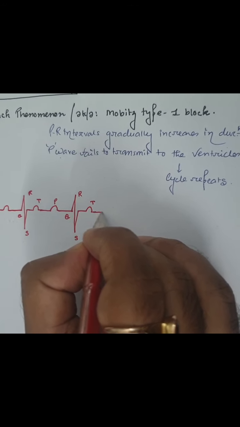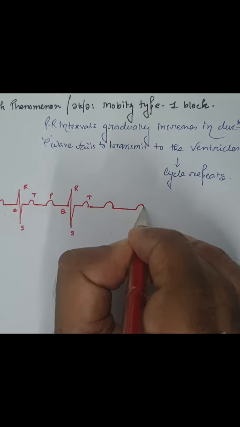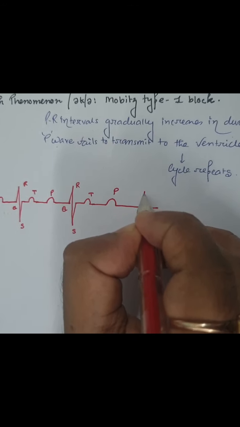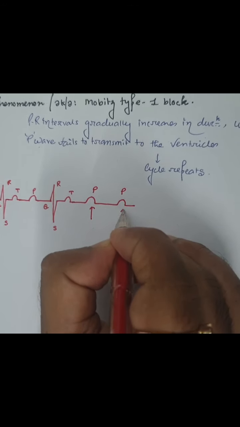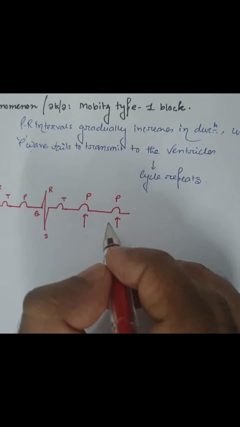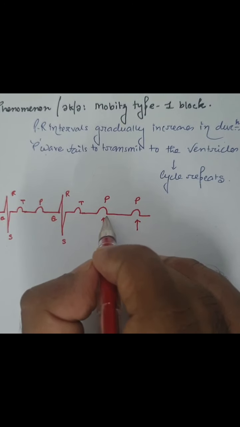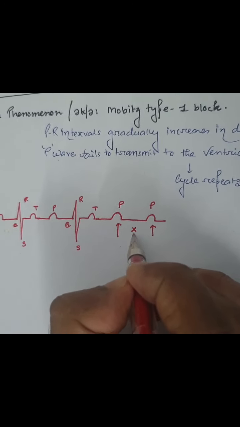But after that, one P wave fails to transmit to the ventricles. So after a P wave, there is no QRS complex.